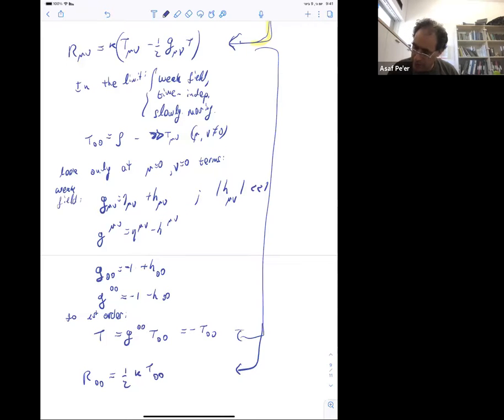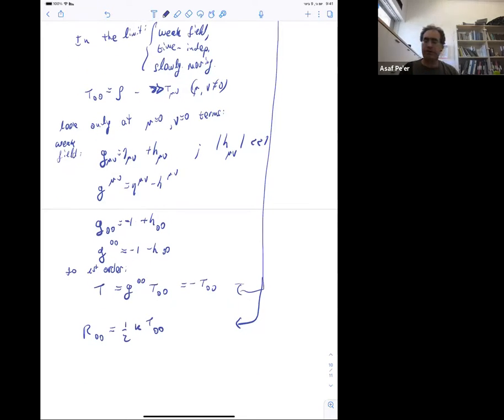Okay, so this is the equation for R00, which is the derivative of the metric related to the energy density. So if we really want to get the full expression for the metric, then there is no way. We actually have to go through the full calculation.